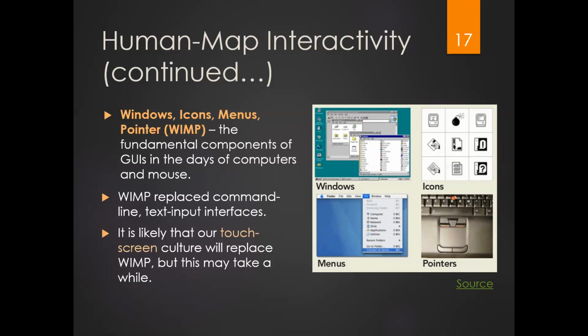But today, when you are trying to be a real developer for web maps, or you're working for a web map producing company, you also need to know how to program, how to code, how to design touch screen friendly GUIs. But that's beyond the content of this course. That's all I want you to know about human map interactivity.